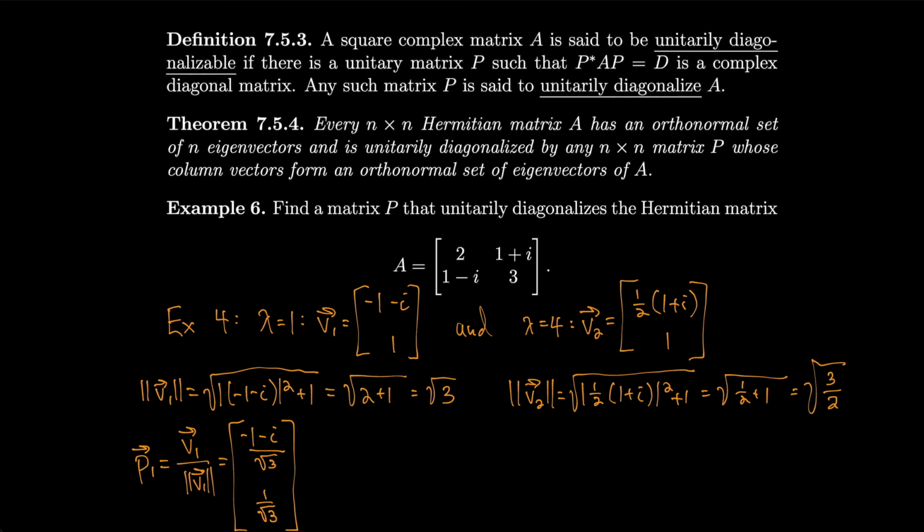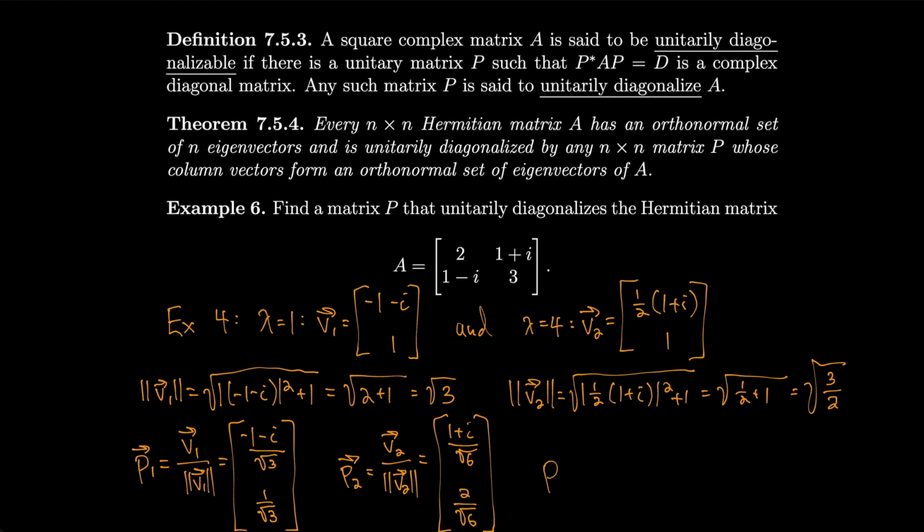We can also get P2. That'll be v2 divided by its length. So that's equal to (1 plus i) over rad 6 and 2 over rad 6.